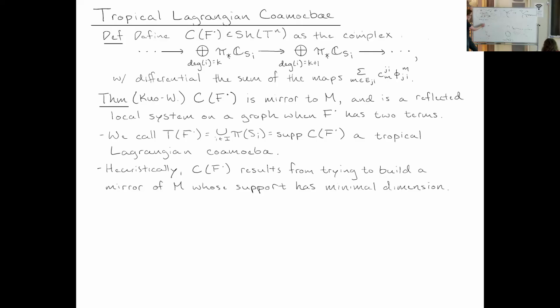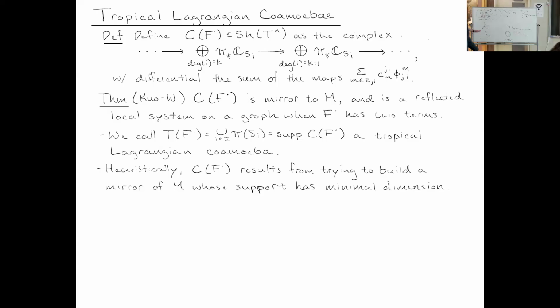So there's a family of Lagrangians whose amoebas are degenerating. Many tropical varieties I can write as such a family of Lagrangians such that the limit of their amoebas is this tropical variety.